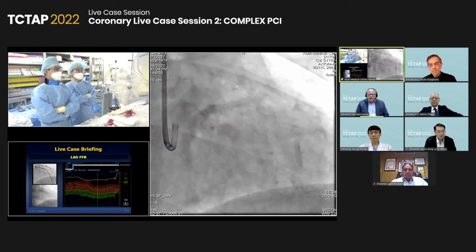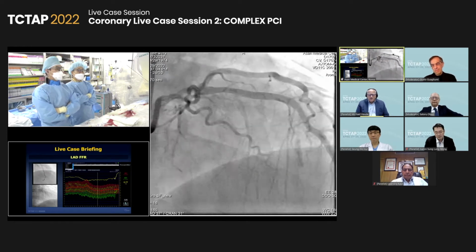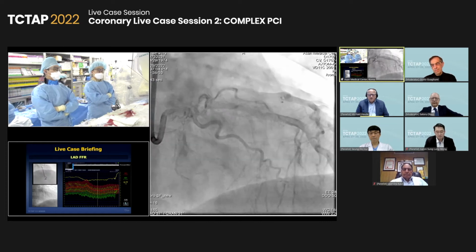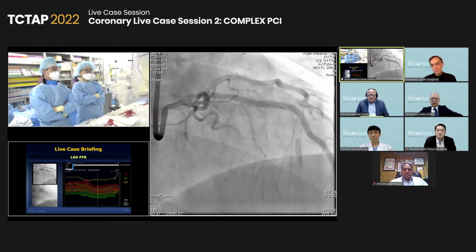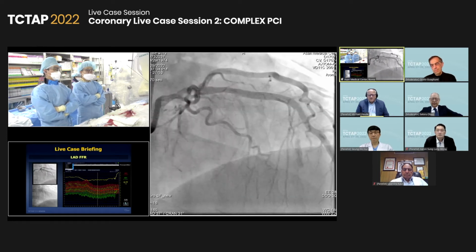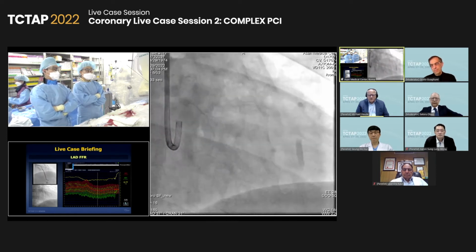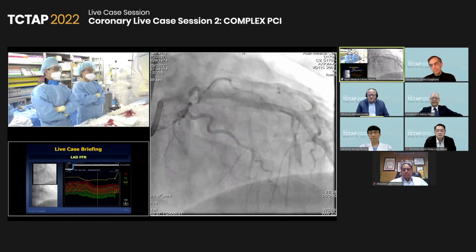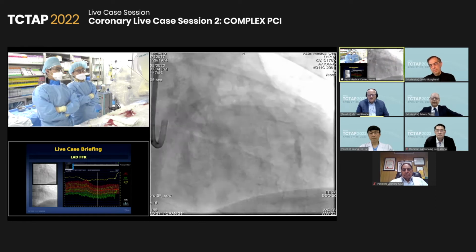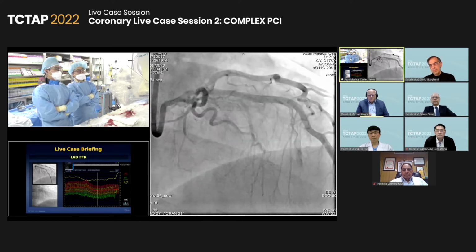Thank you. I think this case was very well presented, and every kind of information necessary to develop a treatment strategy is available. Formally, angiographically it is 3 vessel disease, but hemodynamically relevant only single vessel disease. The important thing here is the proximal LAD lesion, which extends to the left main.